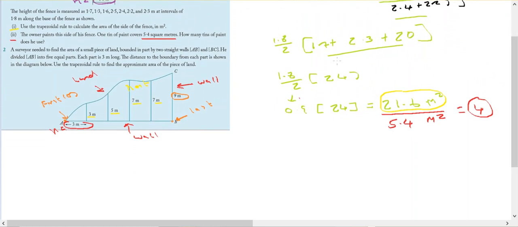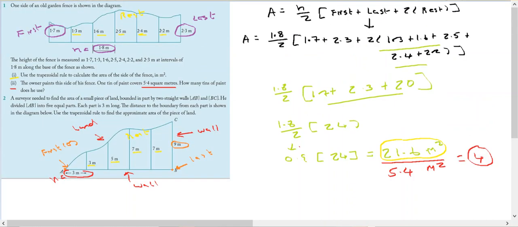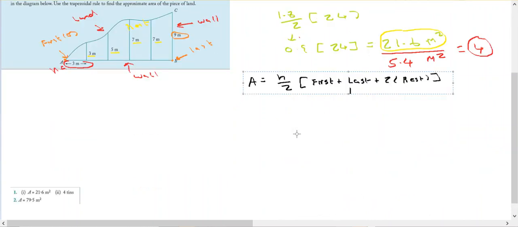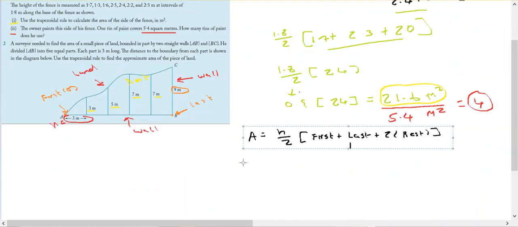Remember, our formula is this one up here. So let's just take this down here so we can work with it. We put in the values, what we have here.